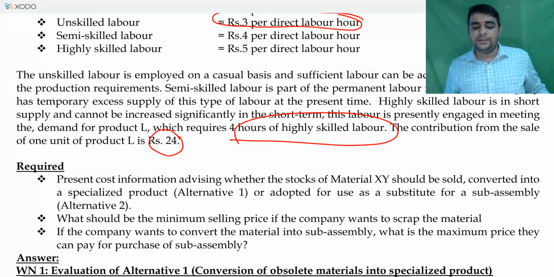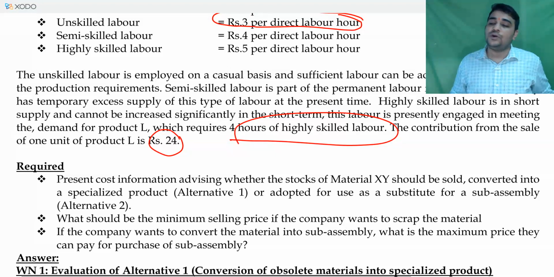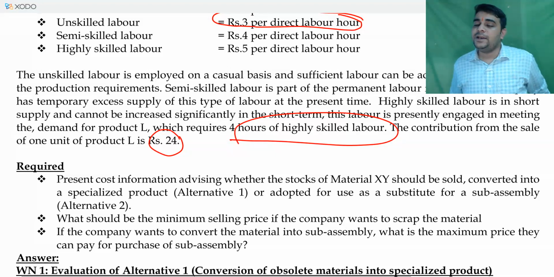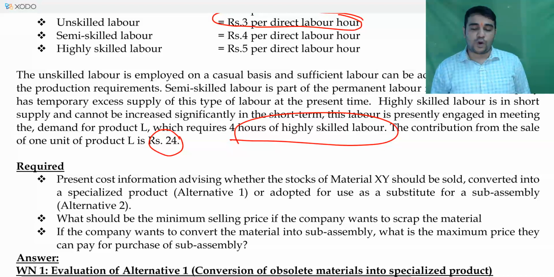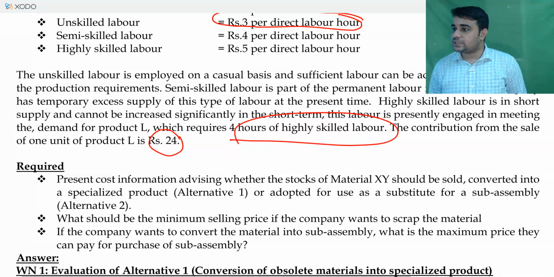Okay, second part of the question. What would be the minimum selling price if the company wants to scrap the material? You told them to convert into specialized product. The company says no, I'll not convert, I want to sell it. Think logically and let me know at what price I should sell. Minimum price if I want to scrap the material. How much? At least 41,000. So the minimum price I want to earn if I scrap the material is 41,000.